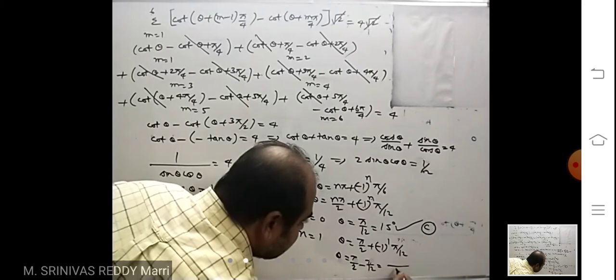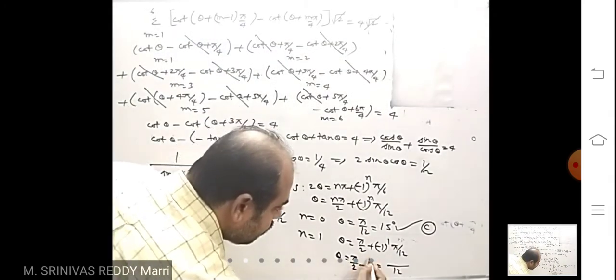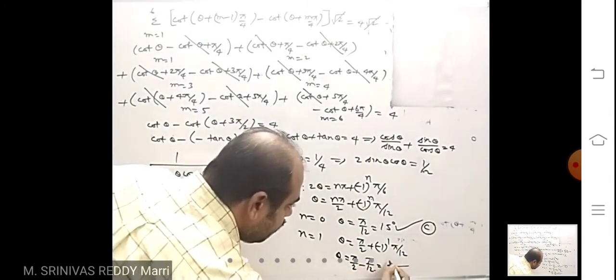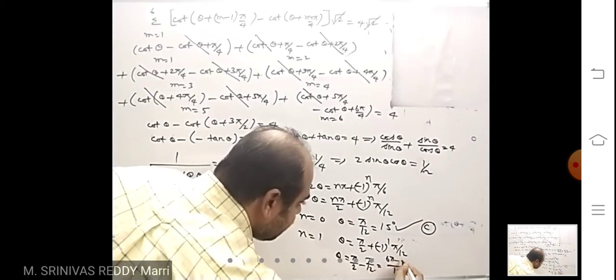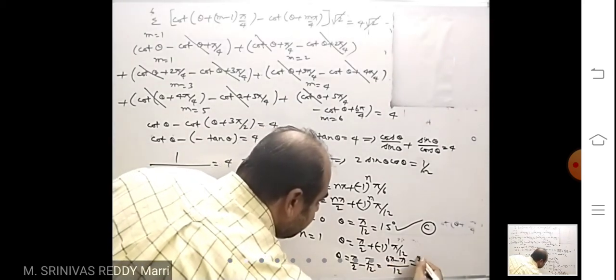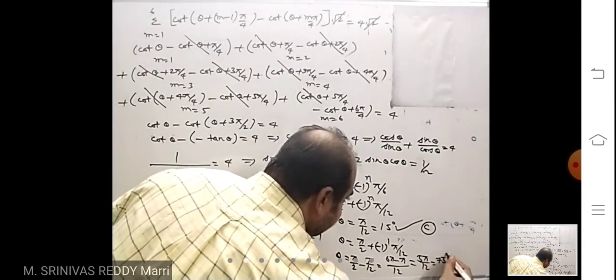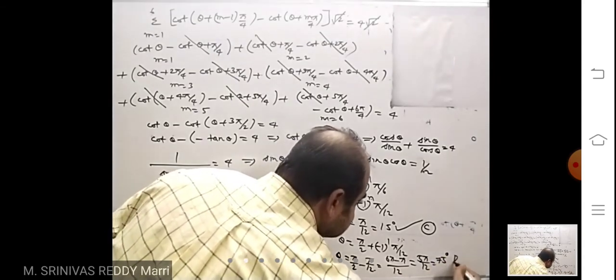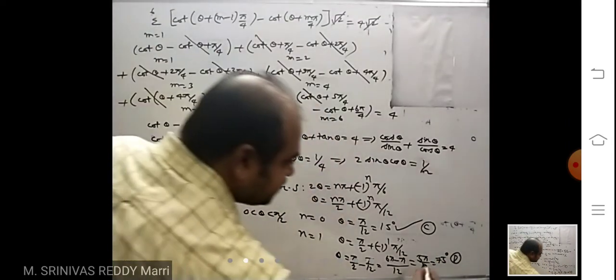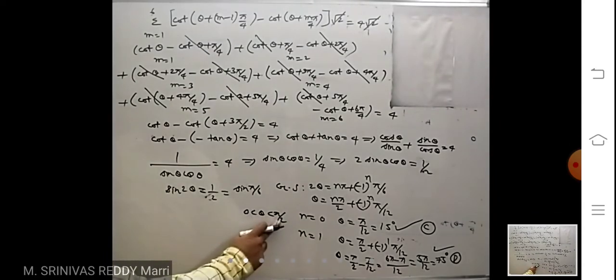So now take the LCM 12, you will get 6 pi minus pi. This is 5 pi by 12. This is 75 degree. This is given as D. So this is also one solution. This will also lie between 0 and 90.